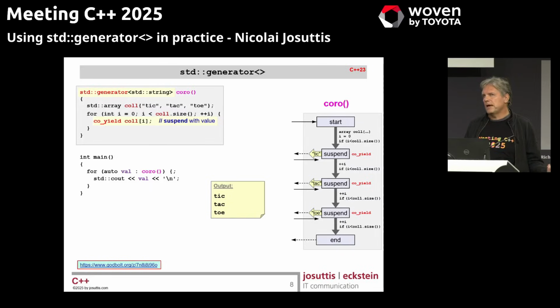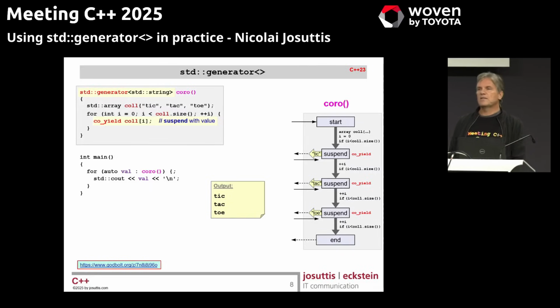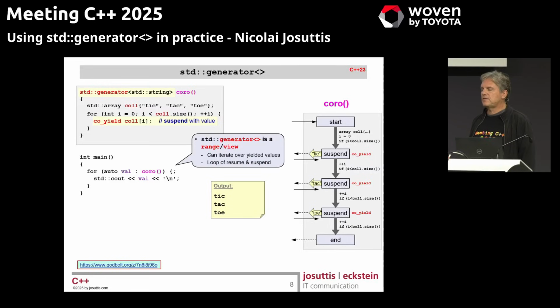And the surprising API, the usability, the API generators provide for application programmers, is you can use the API of ranges. In fact, an std::generator is a range. It's even a view, so it's a pretty cheap range to copy.